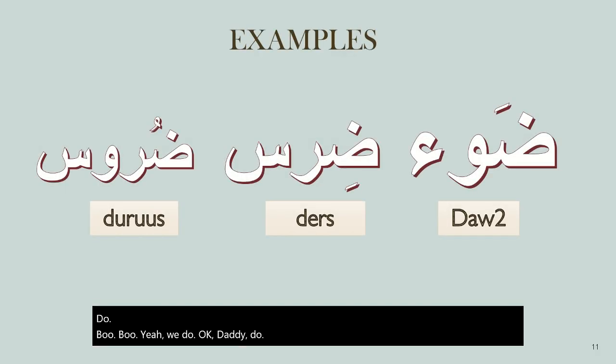Okay, let's see these examples with different حركات. ضوء, ضوء, ضوء. ضوء means light.